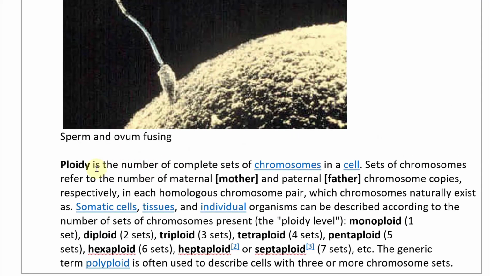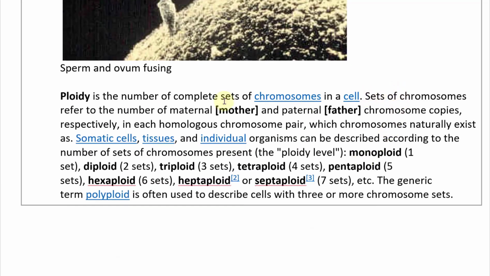In other words, ploidy is the number of complete chromosome sets in a cell, and the sets of chromosomes refer to the number of copies of those. So if you have 5 complete sets, and then there are 2 copies of each one of those, those would be 2 sets of those chromosomes.